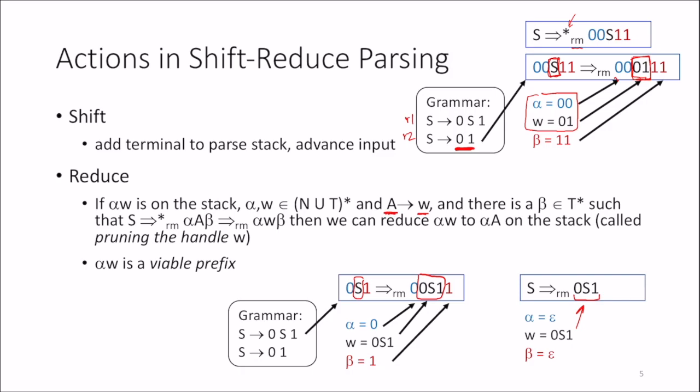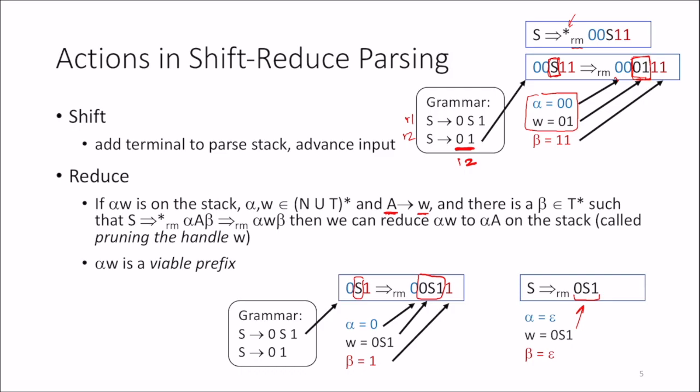So the first thing to do is to pop as many symbols as are in the right-hand side. In this case, there are 2 symbols in the right-hand side of that rule, rule 2. So I would pop 2 symbols, and then I would push something that represents either the left-hand side itself or some state that represents the left-hand side onto the stack.